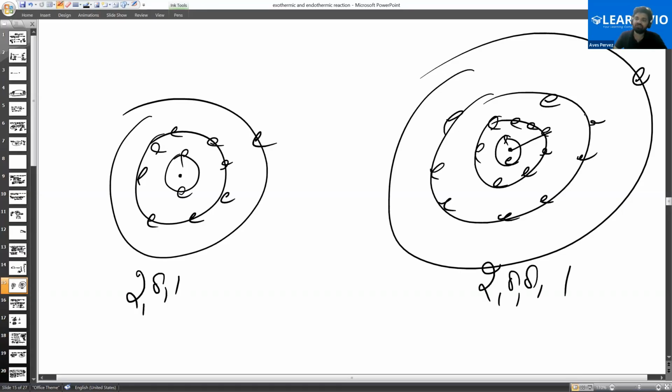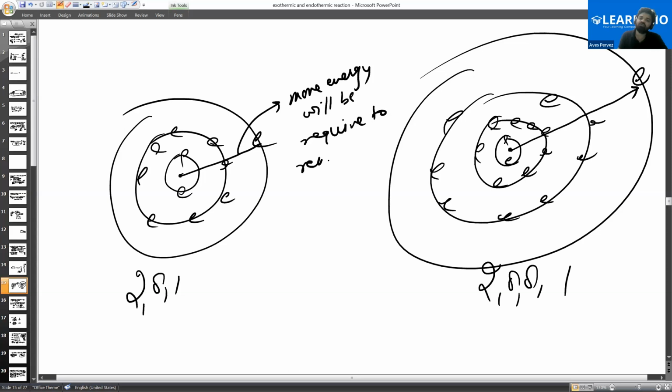So this outermost electron is far away from the nucleus. Since the sodium electron is nearer to the nucleus, more energy will be required to remove the electron from the outermost shell.